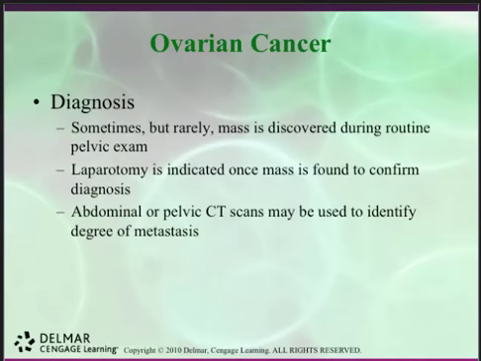How do we diagnose it? Well, sometimes, but rarely, a mass is detected during a routine pelvic exam. A laparotomy is indicated once the mass is found to confirm the diagnosis. An abdominal or pelvic CT scan can be used to identify the degree of metastasis.